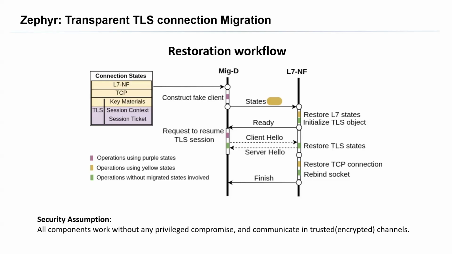After that, the MIG-D will let the fake client request to resume the TLS session by sending a client hello carrying a session ticket. After this handshake, the L7NF restores most of its states. Its following work is to inject all the key materials and restore the TCP connection. The final step of this workflow is to rebind the circuit from the connection between the MIG-D and L7NF to the real data path and notify the MIG-D of the finish.